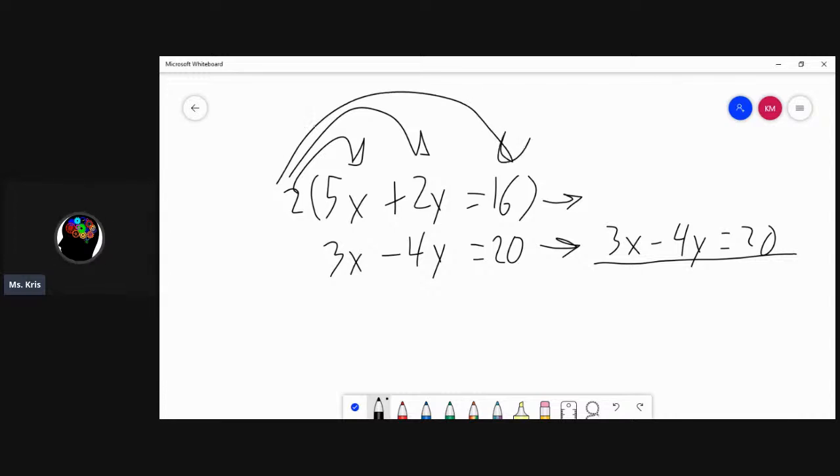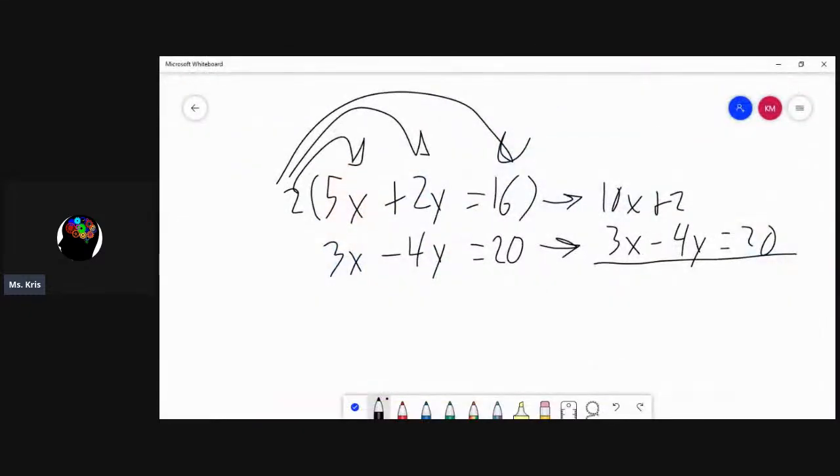You cannot multiply one without multiplying all. Whatever you do to one, you must do to all of them. So 2 times 5x, that gives me my 10x. 2 times 2y, that gives me a plus 4y. Sorry about that.